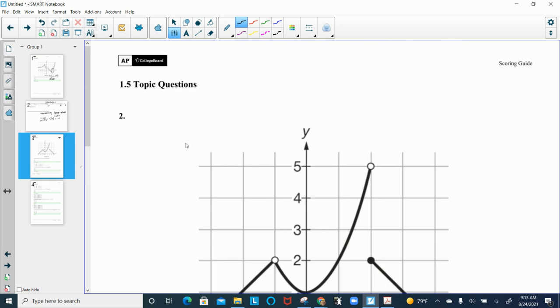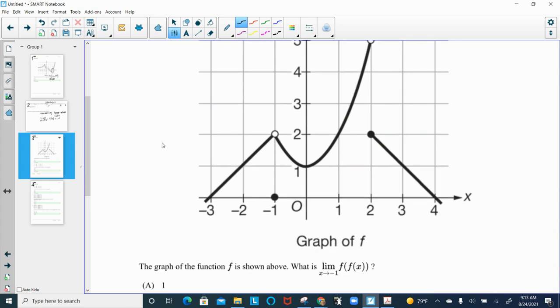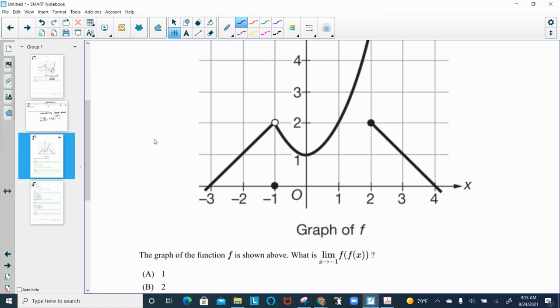Let's take a look at number 2. So number 2 says, it's the same concept, just a different graph. So the limit as x approaches -1 of f of x. So let's write down what that would look like in an ideal world. Okay.